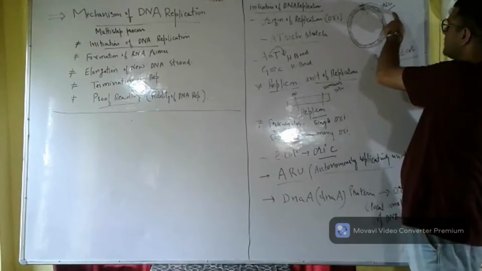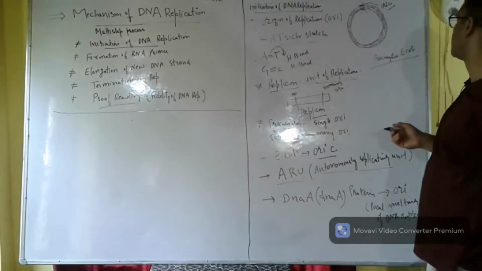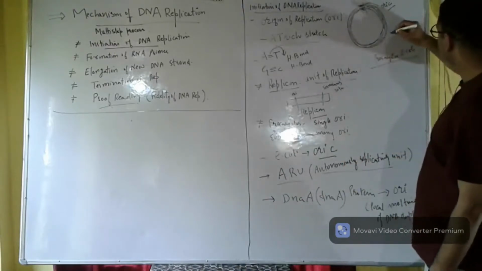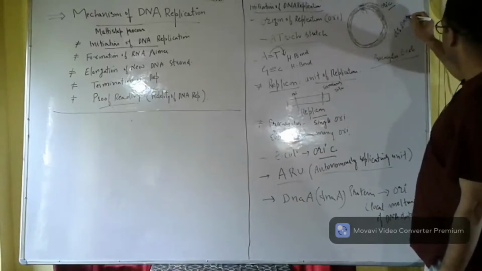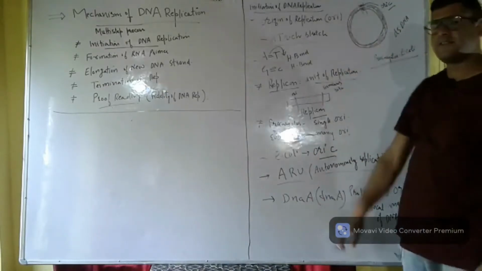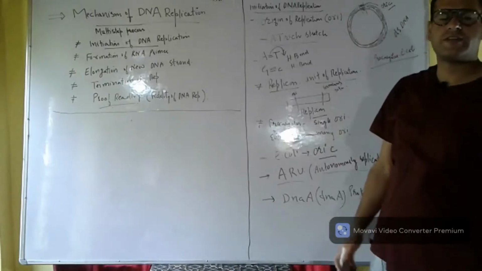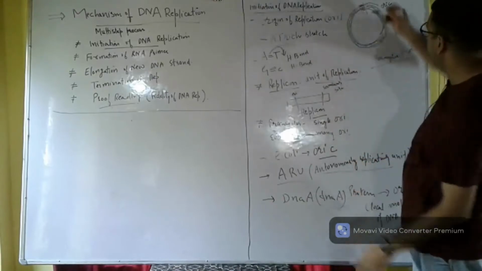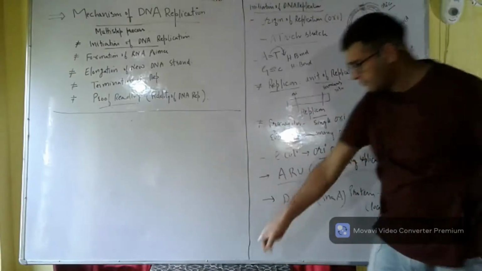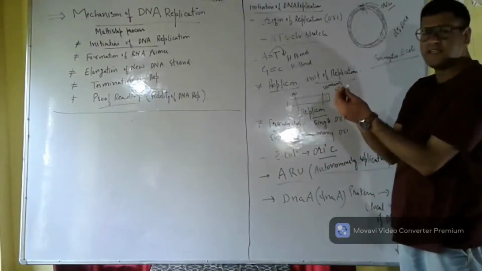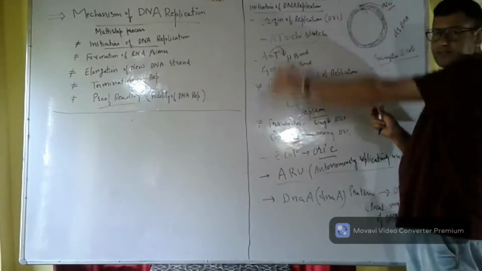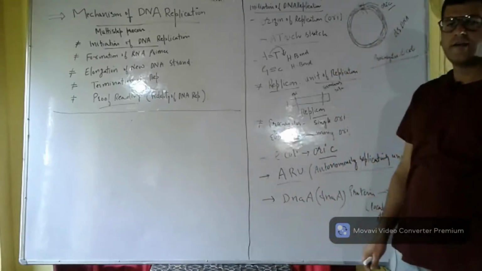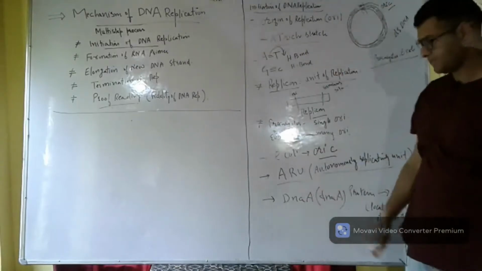This OriC represents the origin of replication in Escherichia coli. This DNA in prokaryotes has a single origin of replication called OriC. And this DnaA protein binds to the OriC site and causes the unwinding or melting of the DNA duplex at this ORI site.